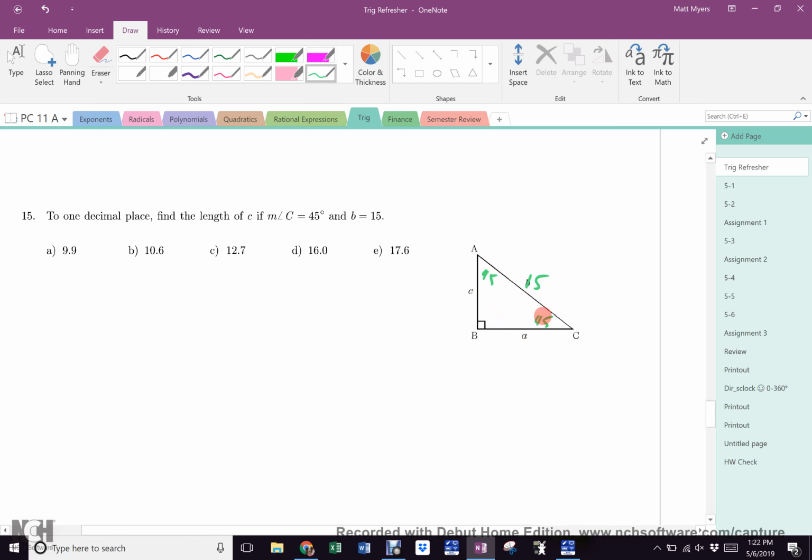If that's 45 and that's 45, what do you automatically know about A and C? They're the same. So 15 squared must equal, A and C are the same, yes? So 2c squared, right? So you can figure it out that way. And what is the answer?